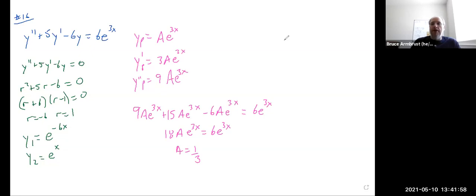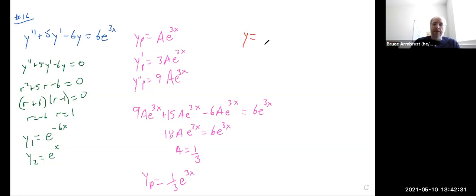All right, so now we know what our particular solution is. This is a function that satisfies the original differential equation. And that's all they're saying. That's all you ever need if they're just saying find a particular solution, is just find a solution. All right, but now we get to put this all together to get our answer.